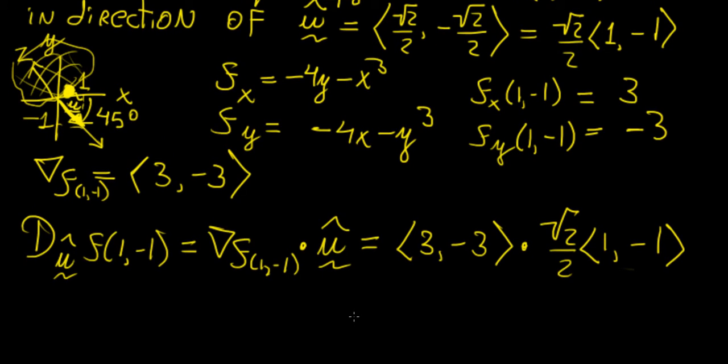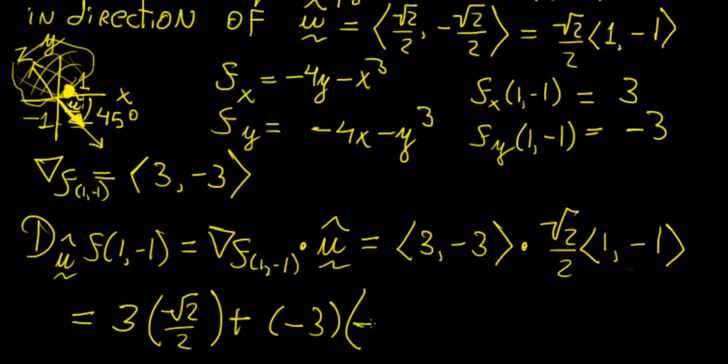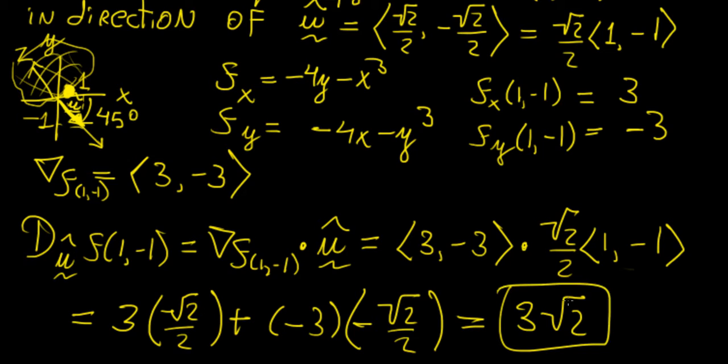And then this is going to become 3 times root 2 over 2 plus minus 3 times minus root 2 over 2. And this is going to become 3 times root 2. So this is the value of the gradient at that point in the direction of this unit vector. So basically at 45 degrees between the x and y axis.